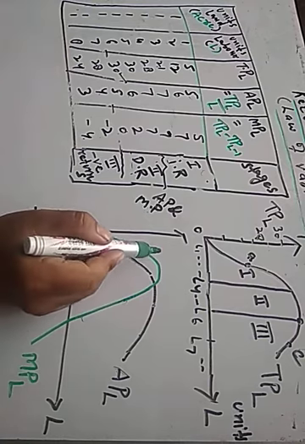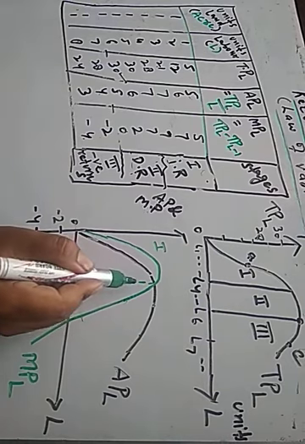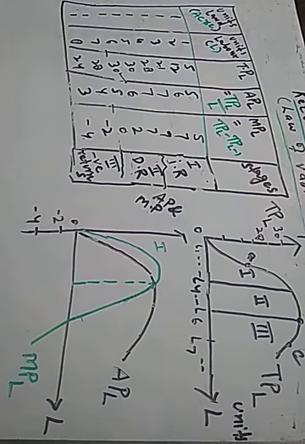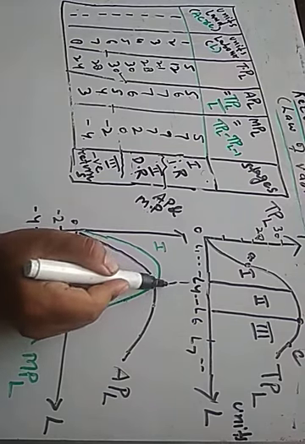Beyond this, it has negative values, -2 and -4 as given in our example. This is the first stage.